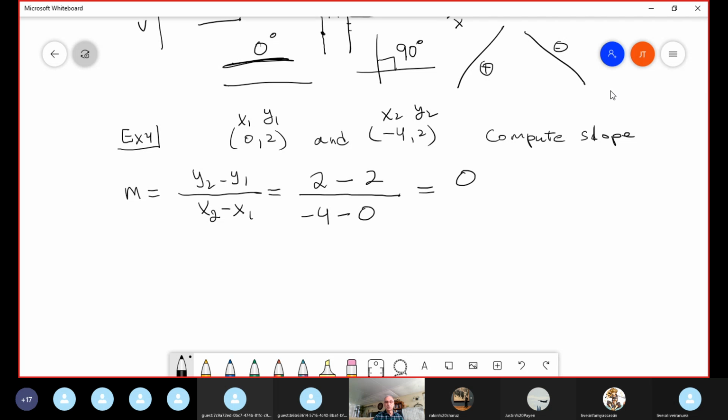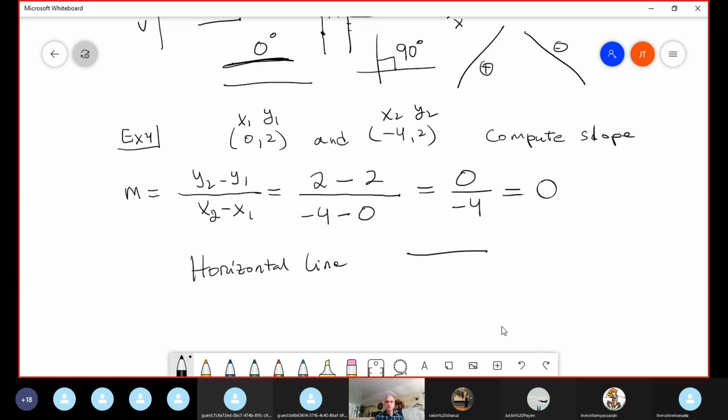So in the top, we have zero. 2 minus 2 is 0, no? Minus 4 on the bottom. And 0 divided by any number is 0. Be careful. Any number divided by 0 is undefined. But when 0 is in the numerator, the top part, it means this is totally horizontal. Horizontal line, like that. Flat.